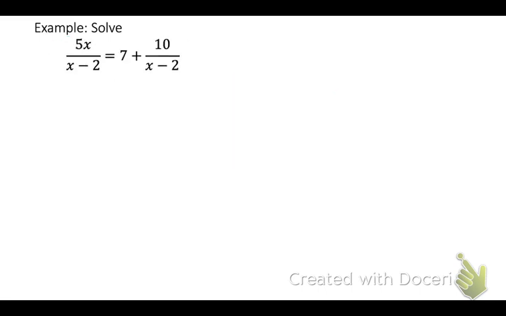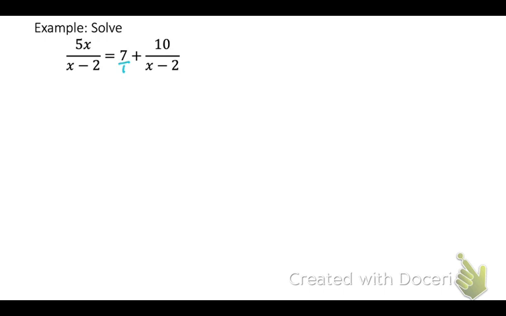Okay, let's do another one. 5x minus 2 equals 7 plus 10 over x minus 2. Seven is over 1, correct? I said get common denominators across the whole thing. So what would that common denominator need to be? X minus 2.